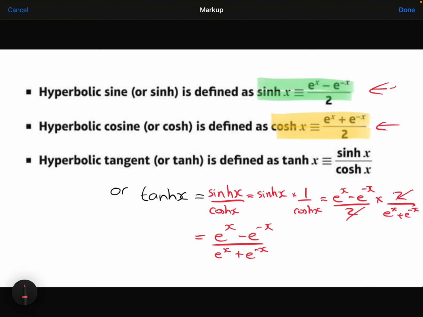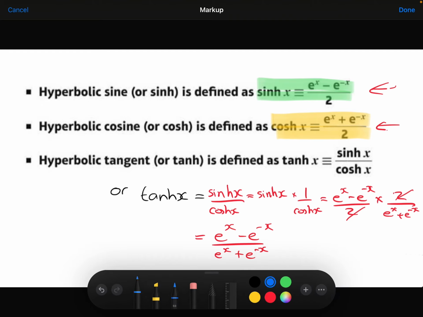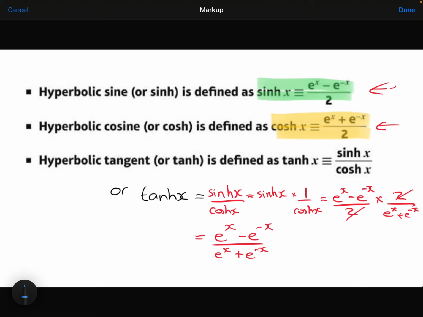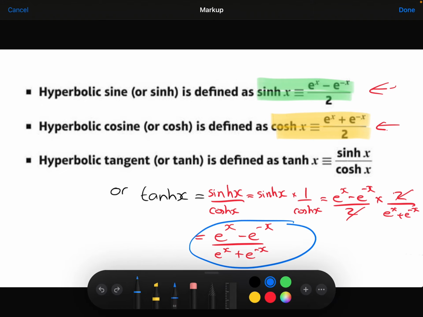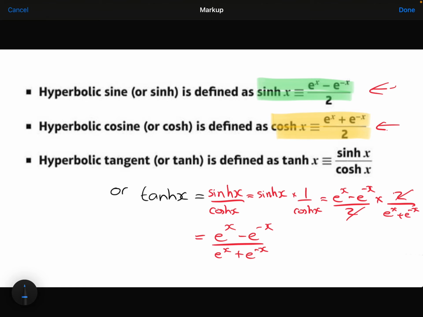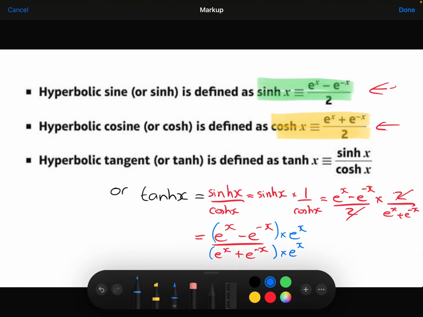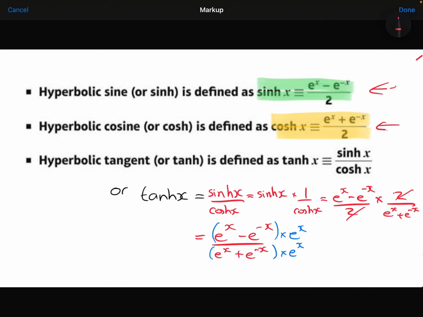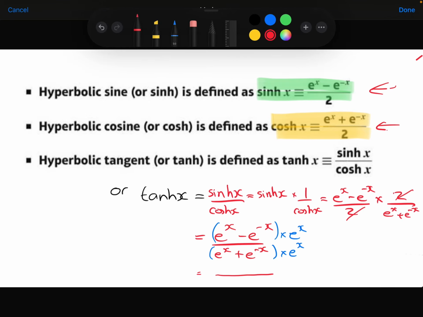And there is a third way of defining tanh that I actually prefer, and it's just about simplifying this expression, because this expression here is quite messy with all of those exponentials. But what I can do to make this simpler is multiply everything on the top by e to the x, and do the same thing on the bottom. Then on the numerator I've got e to the x times e to the x, so that's going to be e to the 2x.